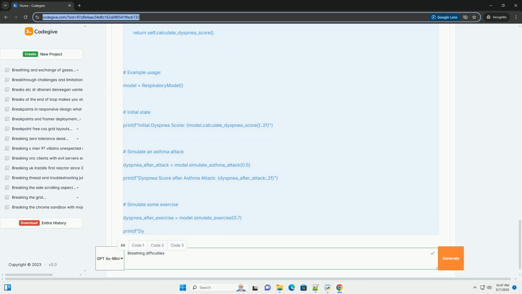Bronchodilators are medications, for example albuterol, that relax the muscles around the airways to open them up, used for asthma and COPD. Corticosteroids are anti-inflammatory medications, for example prednisone, to reduce airway inflammation, used for asthma and COPD.